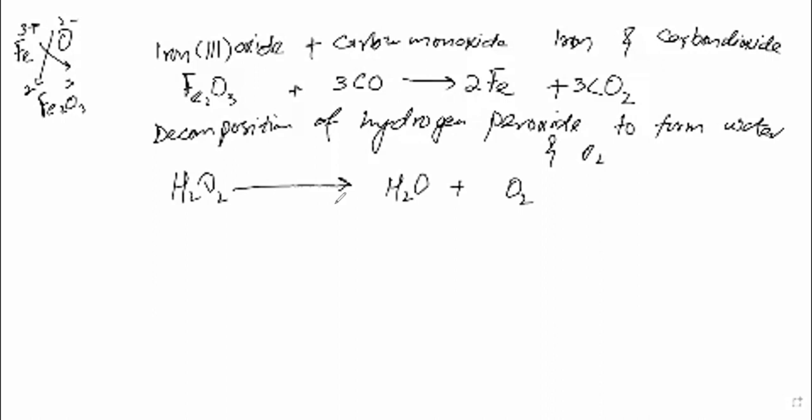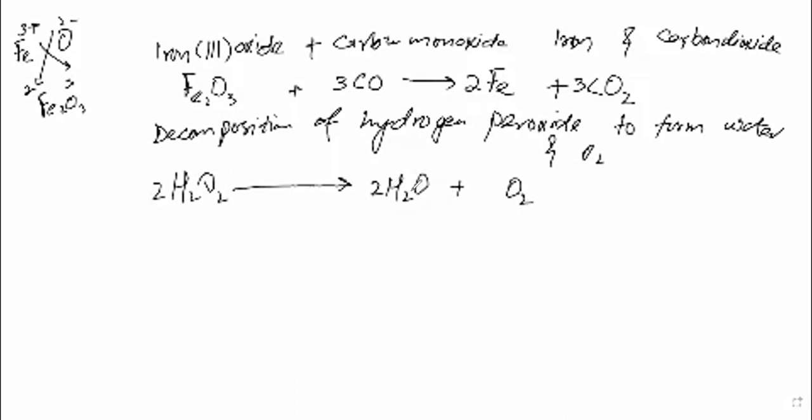So how can we balance it? One oxygen here and two here, it becomes 3, and we have only 2. So if I write here 2, 2 twos are 4 oxygen here, so there are 2 oxygen here and 1 here. If I write here 2, 2 ones are 2 and 1 twos are 2.